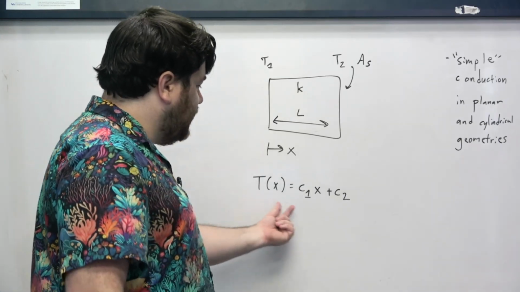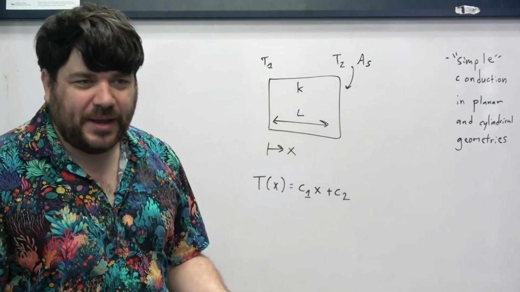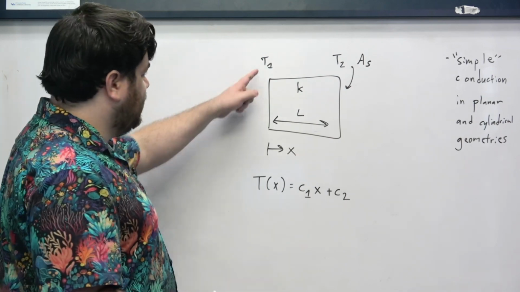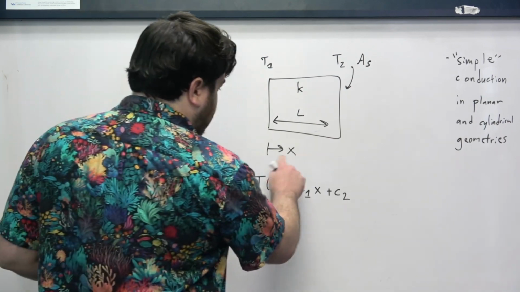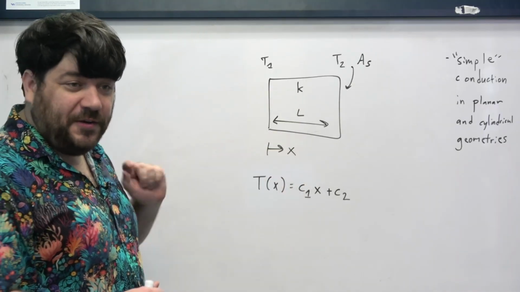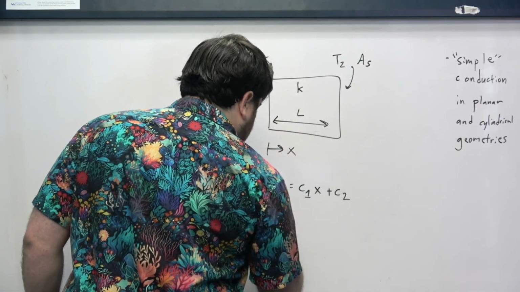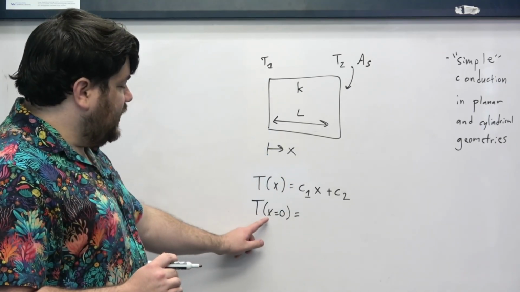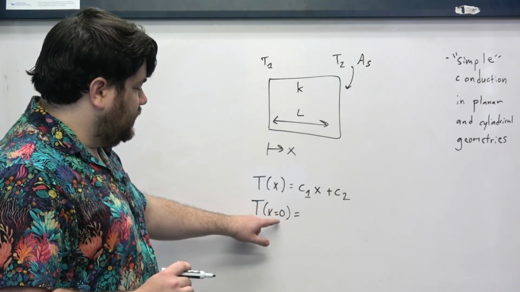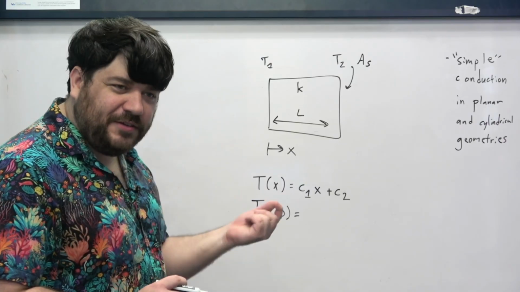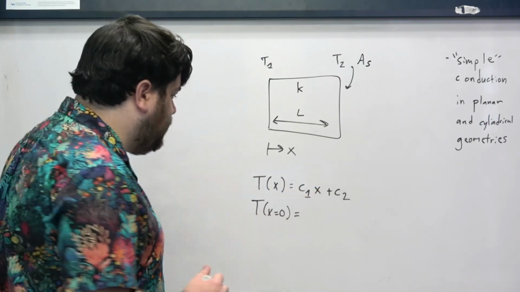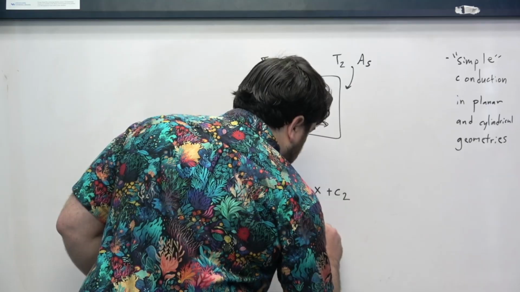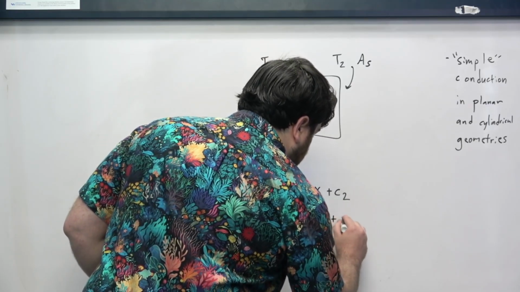The way that you would normally solve for C1 and C2 is by applying boundary conditions, all right? So if we assume that the x coordinate starts here, we would immediately figure out that by applying this specific value of x to this equation, this would just be C1 times 0 plus C2.